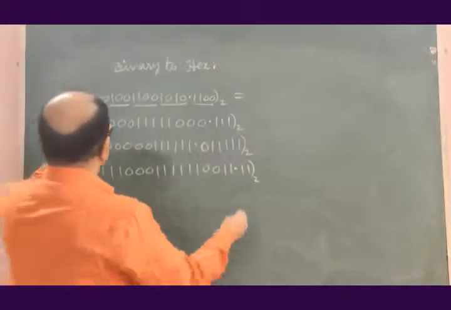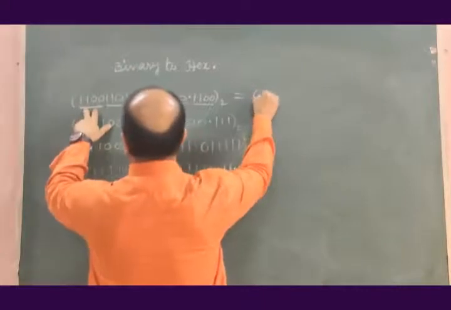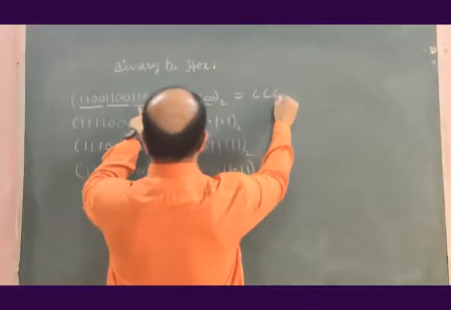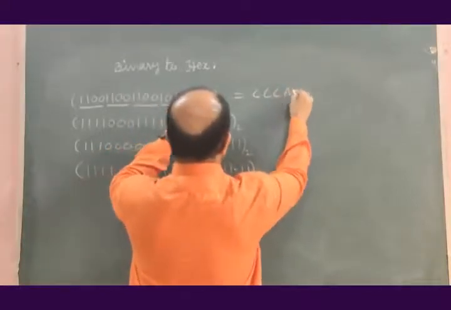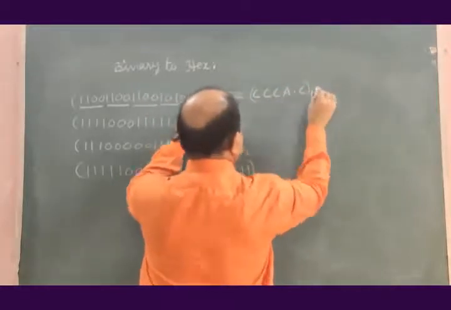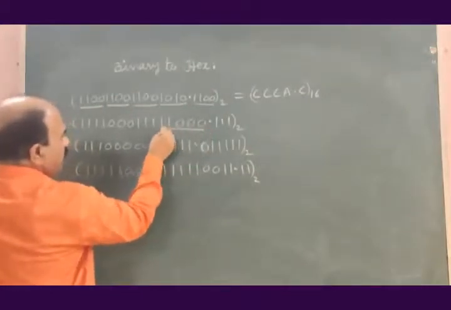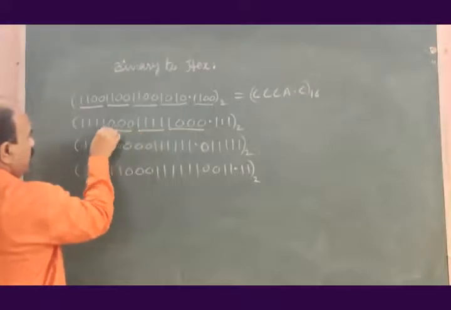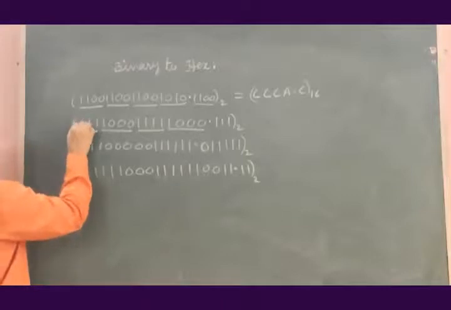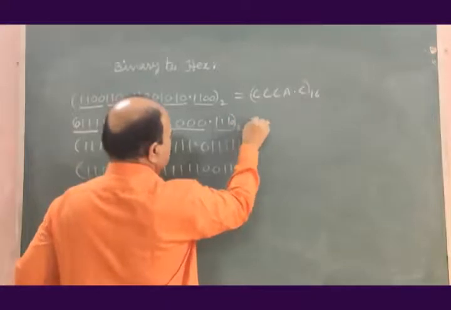This is 12. 12 is C. This is also 12, C. This is 10, A. This is 12, C. So simple. 1 1 1. 1 bit is short, add 0 here. 1 bit is short, add 0 here.